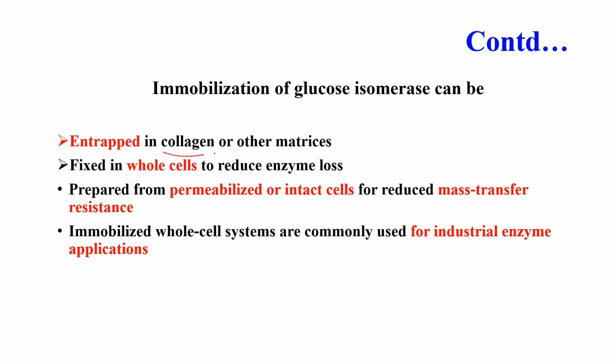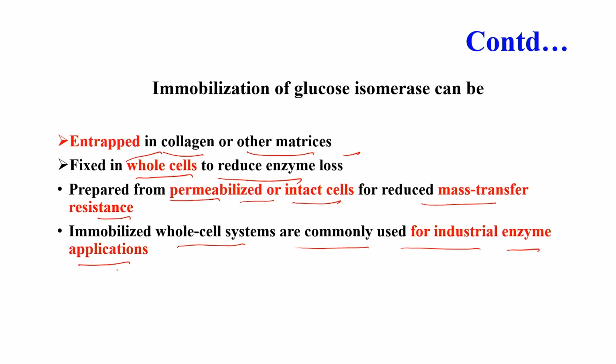Now, how is it immobilized? It is entrapped in collagen or other matrices. So, one option is you entrap it in collagen or other solid matrices; the other is to fix the whole cell to reduce the enzyme loss. For this, it is prepared from permeabilized or intact cells for reduced mass transfer resistance, and immobilized whole cell systems are commonly used for industrial enzyme applications.